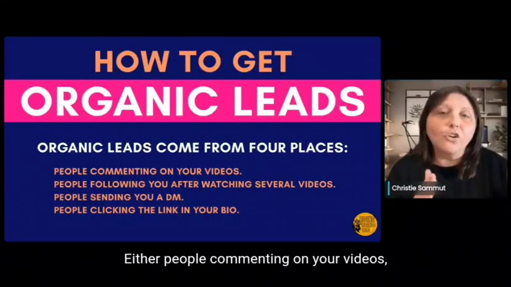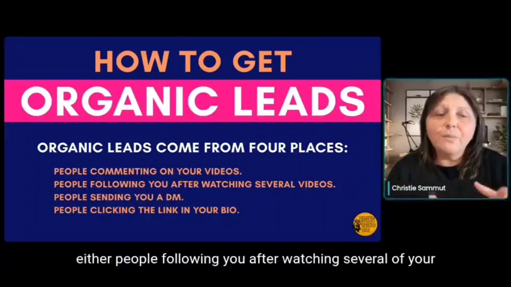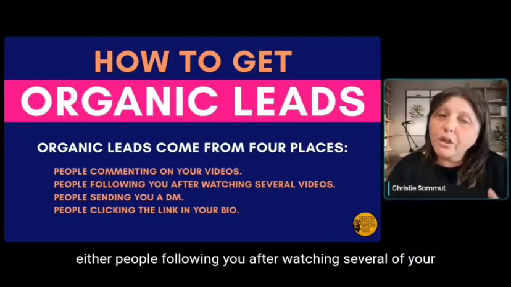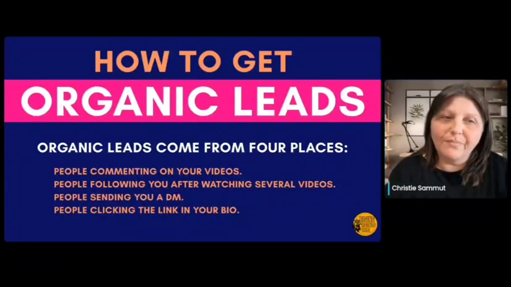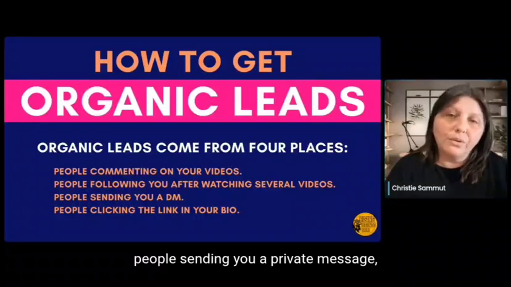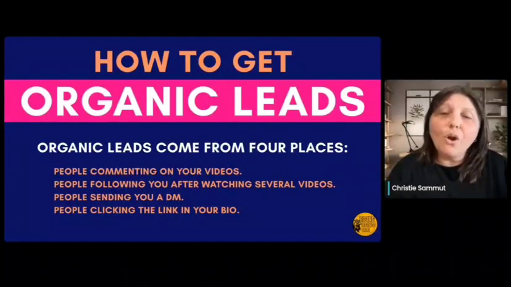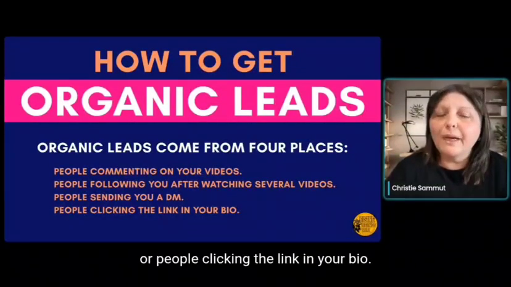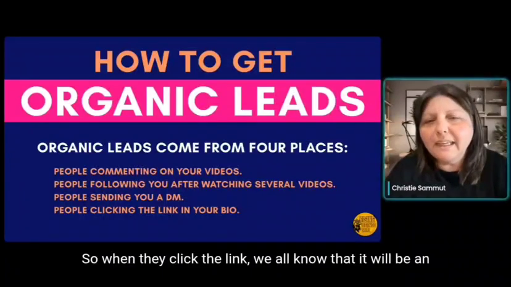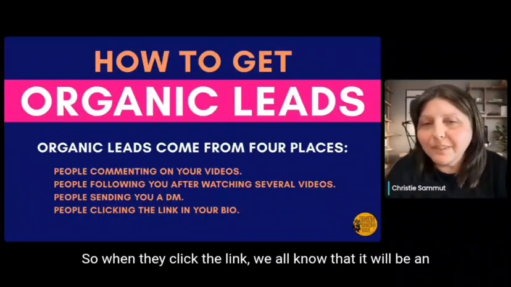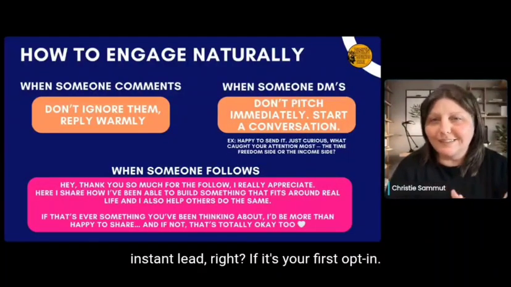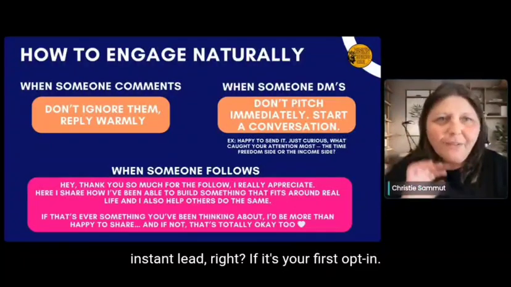Either people commenting on your videos, people following you after watching several of your videos, people sending you a private message, or people clicking the link in your bio. So when they click the link, we all know that it will be an instant lead, right? If it's your first opt-in.